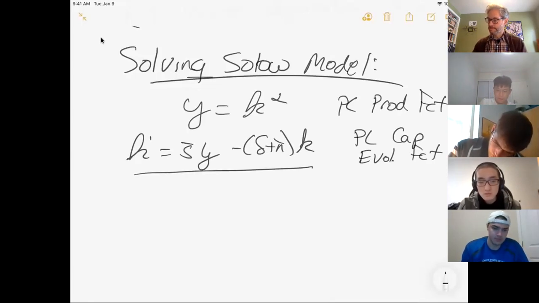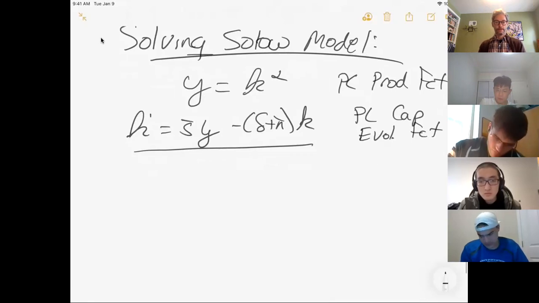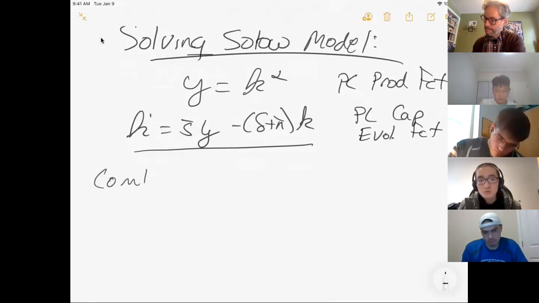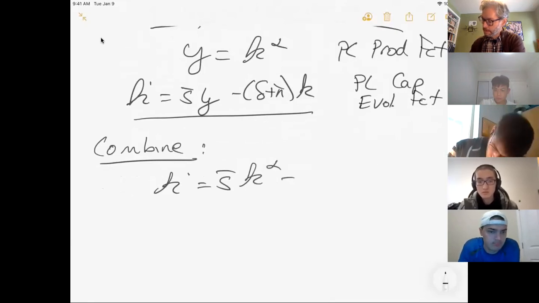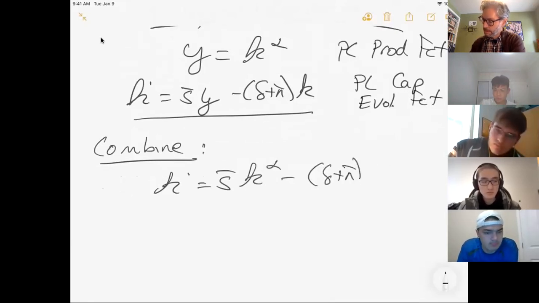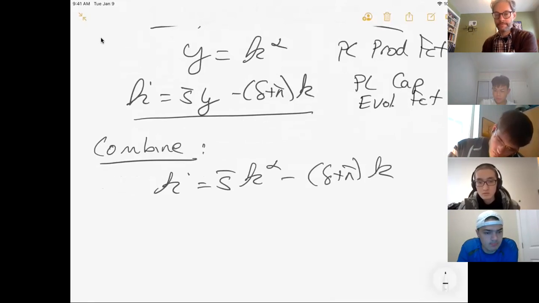Let's think about this per capita evolution function. Because if we combine these, we can rewrite it like this, right? We can combine these two together and write our capital evolution function like this.